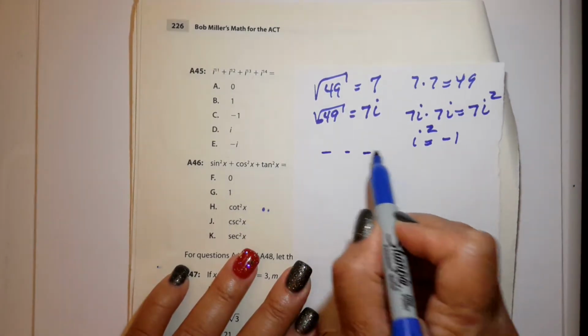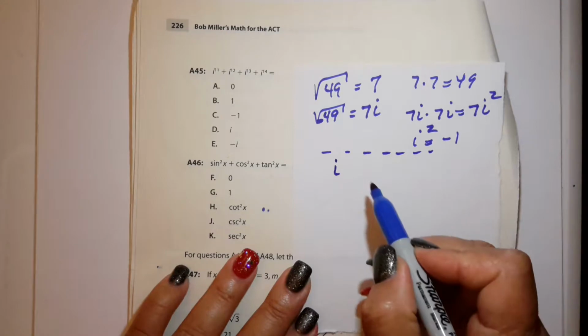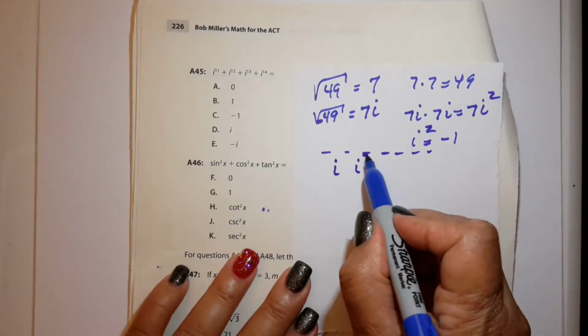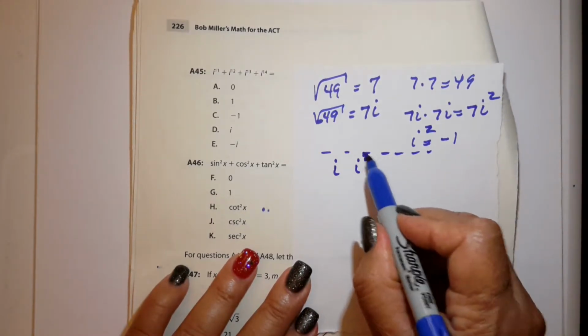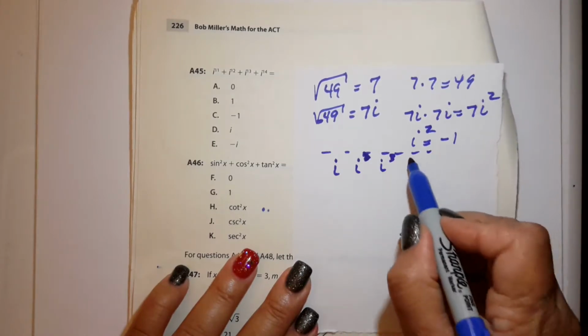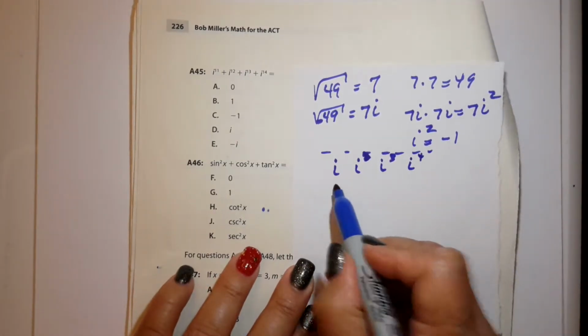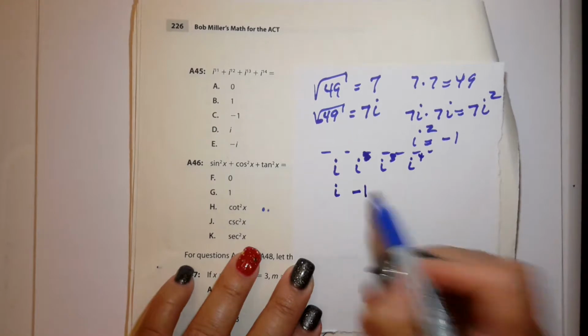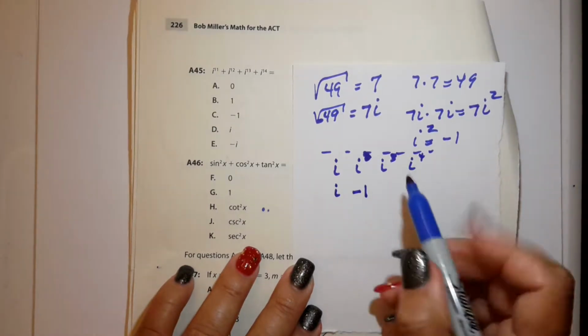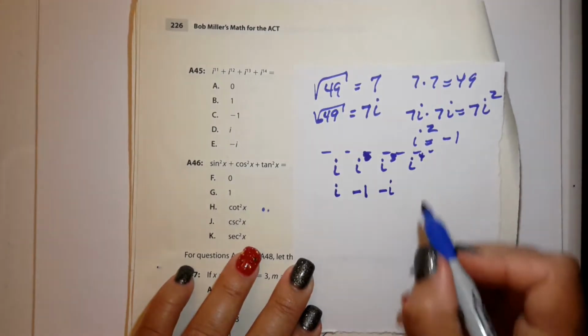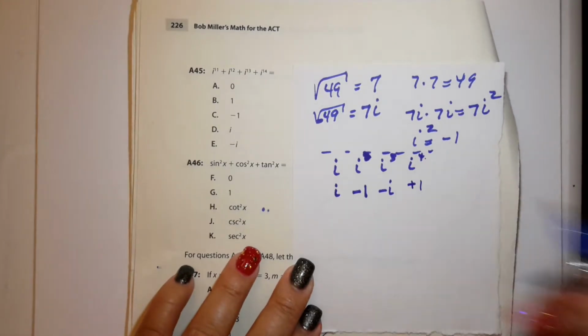So now let's study this a little bit. You have i, then you have i squared, then i to the third, and then i to the fourth. i squared is negative 1. i to the third power is negative i, and i to the fourth power is positive 1.